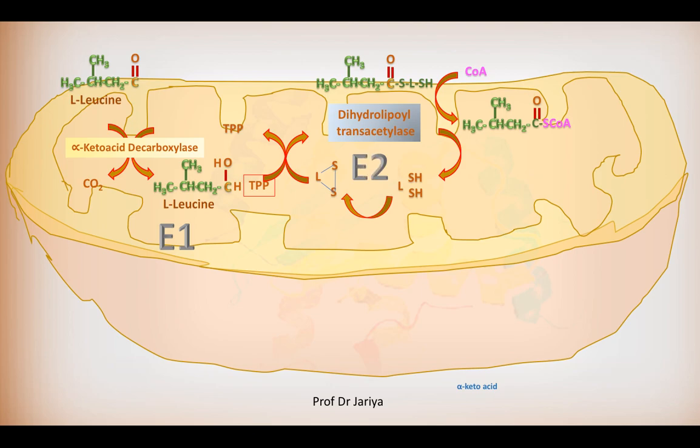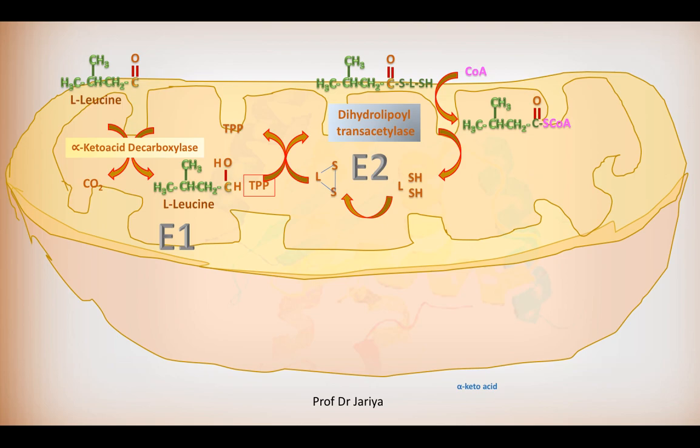Next, the hydroxyethyl intermediate is oxidized by transfer to the disulfide form of the lipoic acid, which is covalently bound to the dihydrolipoyl transacetylase domain of the alpha ketoacid dehydrogenase complex. The acetyl group bound as a thioester to the side chain of the lipoic acid is transferred to the CoA. The sulfhydryl form of the lipoic acid is oxidized by dihydrolipoyl dehydrogenase, which is E3, regenerating the oxidized form of the lipoic acid.